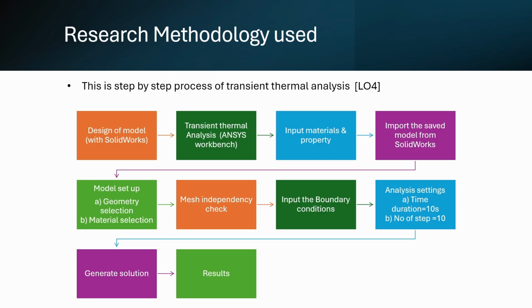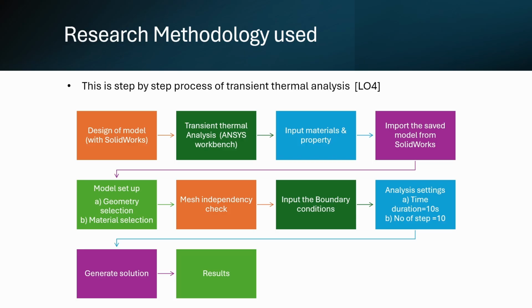And for the methodology, what did I do? First of all, I designed the model, the engine with the fin, in SolidWorks. Then I imported it into ANSYS Workbench in the transient thermal analysis, and I entered our material properties. We have two materials, so we have two different sets of properties.